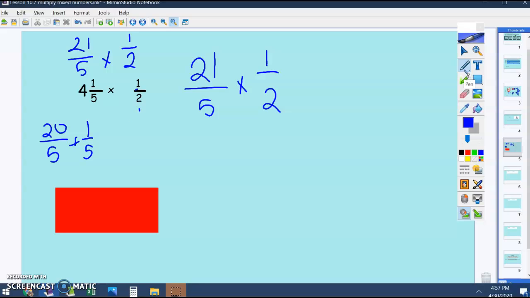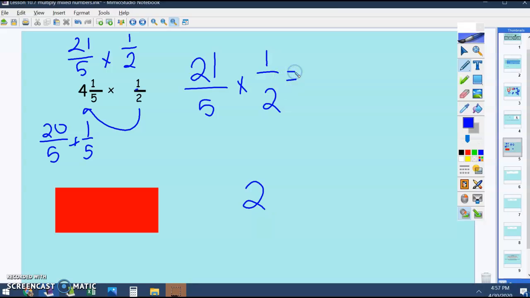If I'm going to take half of 4 and then a little bit extra, a fifth extra, what would be a reasonable answer? My answer should be somewhat close to 2 and a little bit more, right? So when we get our final answer, we want to double check that it is somewhat close to 2 and then a little bit more.